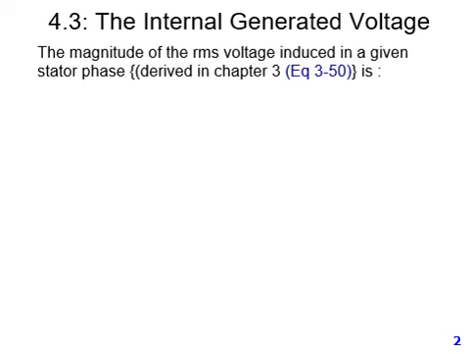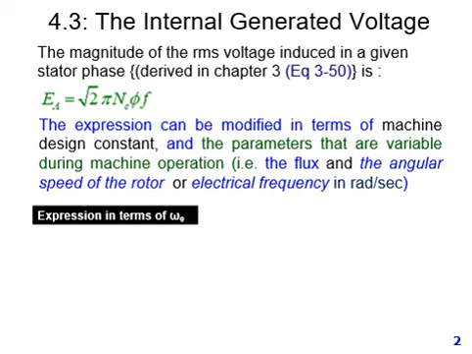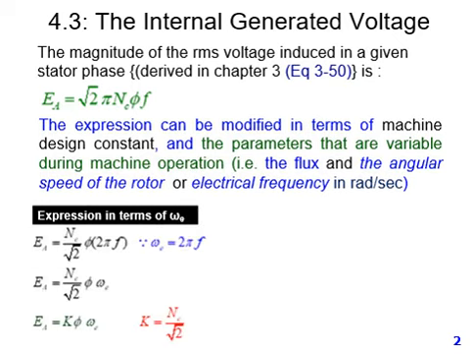So first of all, the internal generated voltage. So this is the equation, which is basically an equation for the internal voltage, which was already derived in the previous chapter.